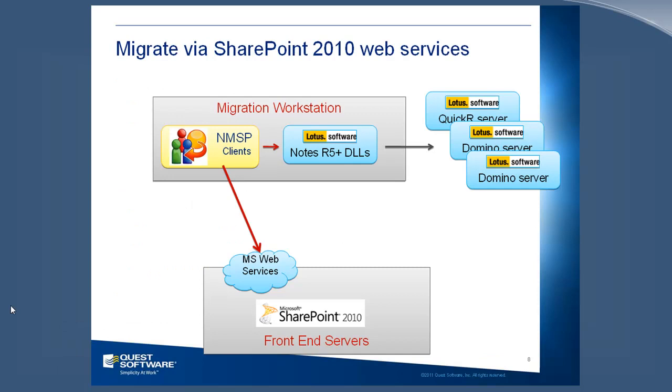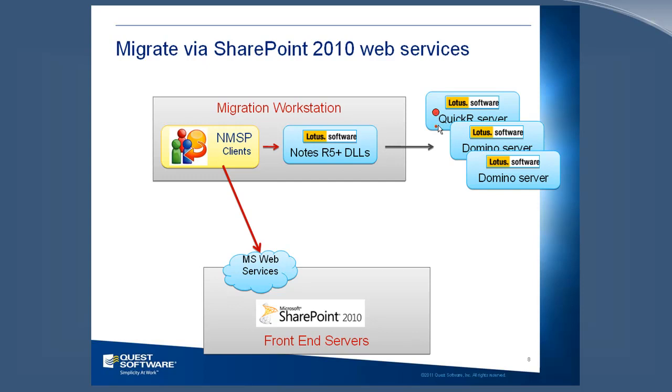So here's kind of a recap of what we've talked about, of the simple version where we're migrating from Notes over to SharePoint using the standard Microsoft SharePoint 2010 web services. And so all of our clients are installed on top of basically a Notes installation. So we're calling into the Notes DLLs, and we're using the Notes configuration files, and then from there we're connecting to various remote Domino servers or QuickR or QuickPlace servers.